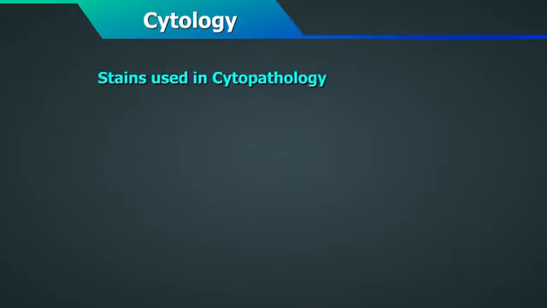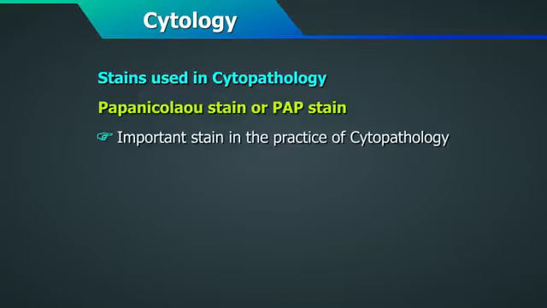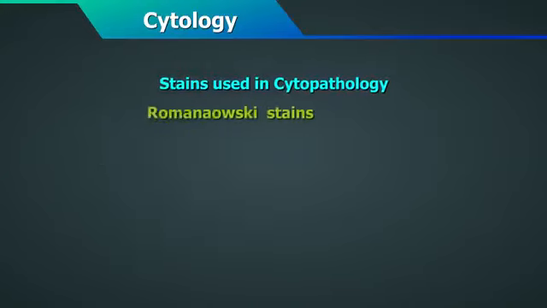Stains used in cytopathology. 1. Papanicolaou stain or Pap stain is the most important stain used in the practice of cytopathology. It is used for both cervical smears and exfoliative cytology smears. 2. Romanowsky stains.